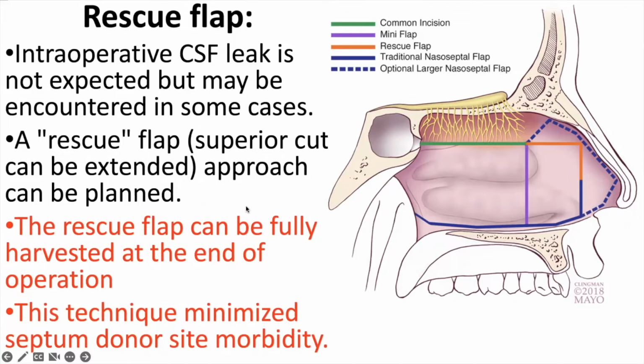Then, if required, you can fully harvest it, because one cut has been made, so you can make another cut inferior and the anterior cut, and can take the flap when it is desired. If it is not desired, I mean there has been no leak, then you can reposition the mucosa, and the morbidity of the mucosa resection can be avoided.